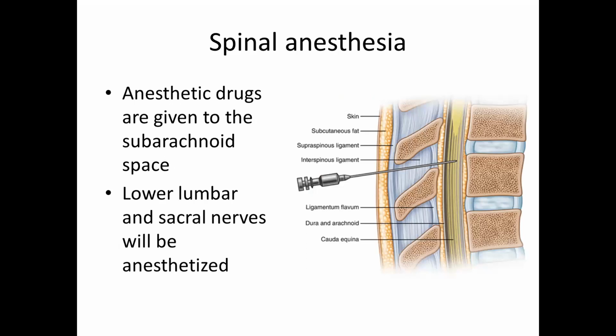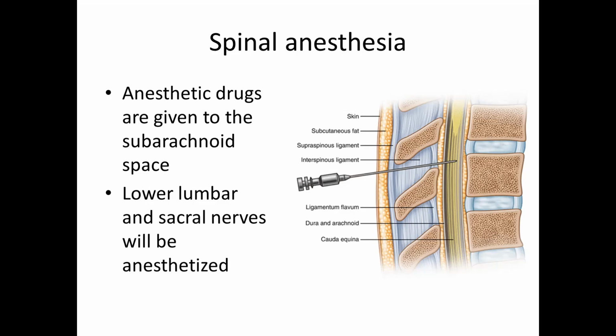You give spinal anesthesia into the subarachnoid space. All right, so when you give that, it goes in the subarachnoid space, and depending on the volume that you give, you can get a level of anesthesia. So the lower lumbar and the sacral nerves will be anesthetized, and similar to epidural, you can perform surgeries below that level, right?